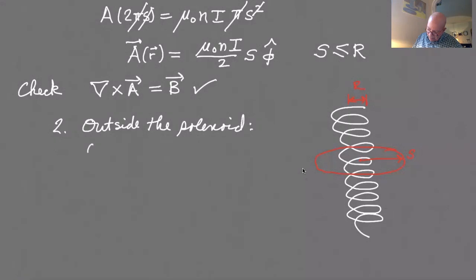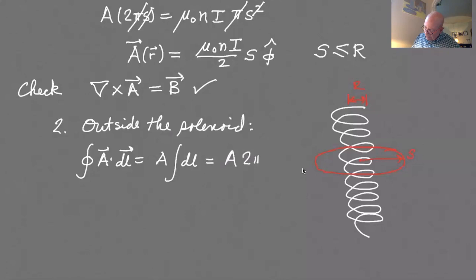If we look at A dot dl, the dot product becomes a cosine of 0, or 1, and so once again this gives us A times 2 pi S.